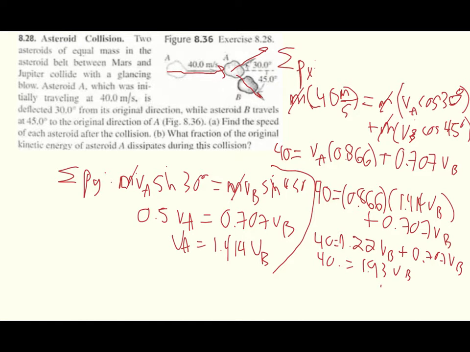Dividing, VB equals 20.7 meters per second. That turns out pretty good. Then we substitute this number back in and solve for VA, which ends up being about 29.3 meters per second.